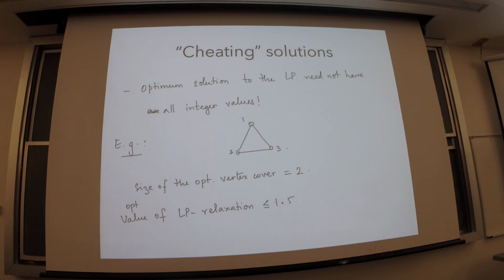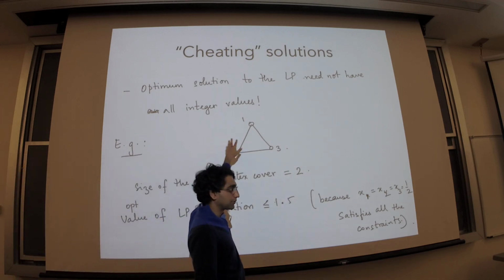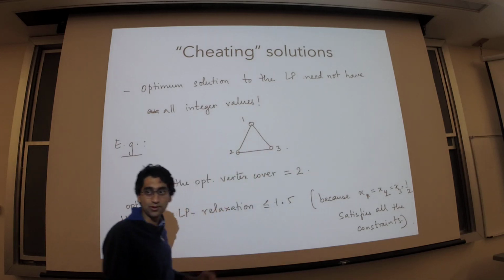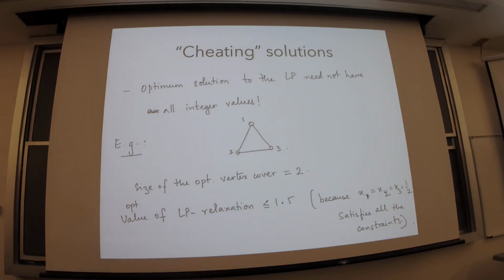But in general, you have produced one solution, so that only tells you that the optimum value is smaller than that. So this is less than or equal to 1.5 because x1 equals x2 equals x3 equals 0.5 satisfies all the constraints. Because x1 plus x2 is bigger than or equal to 1, x2 plus x3 is bigger than or equal to 1, and all of them lie between 0 and 1.